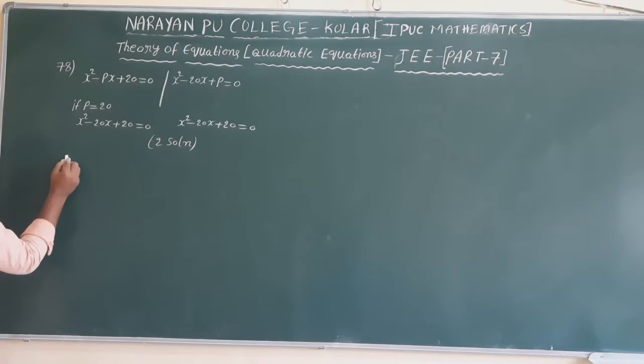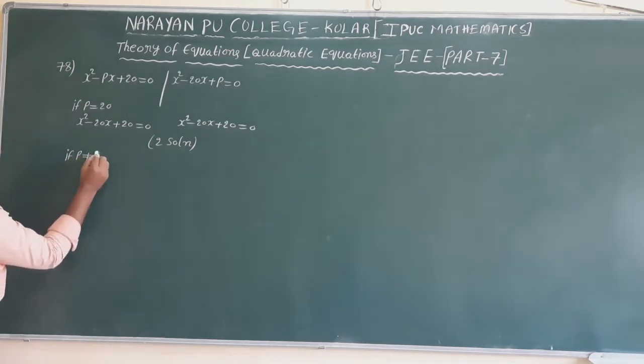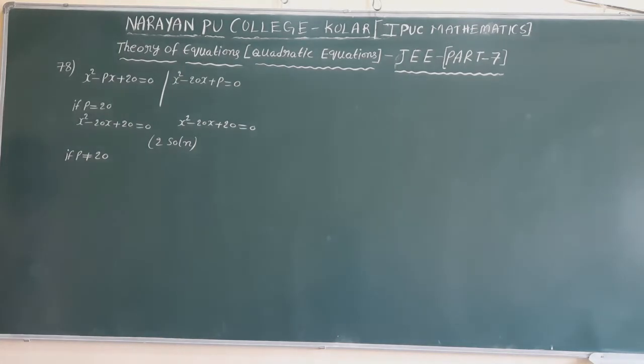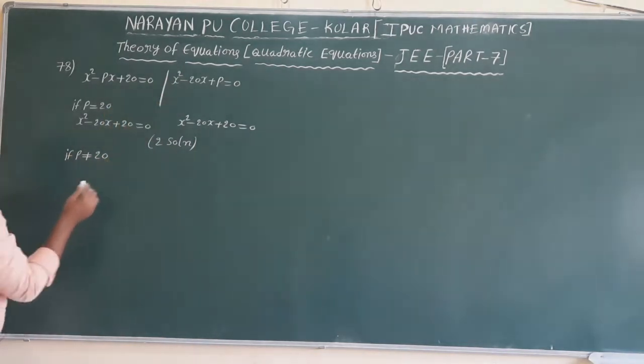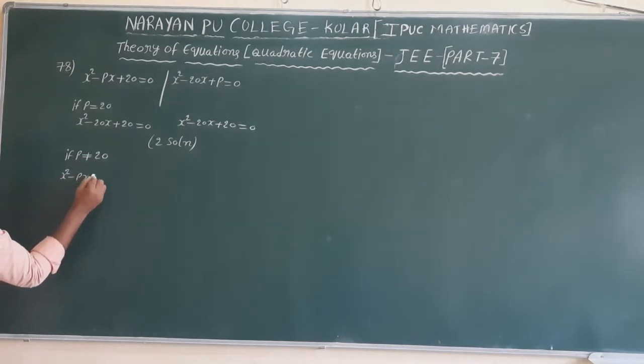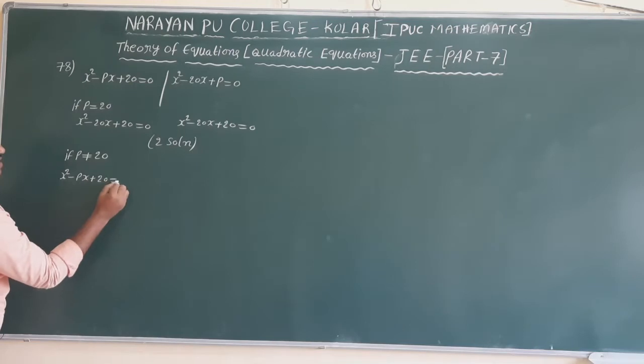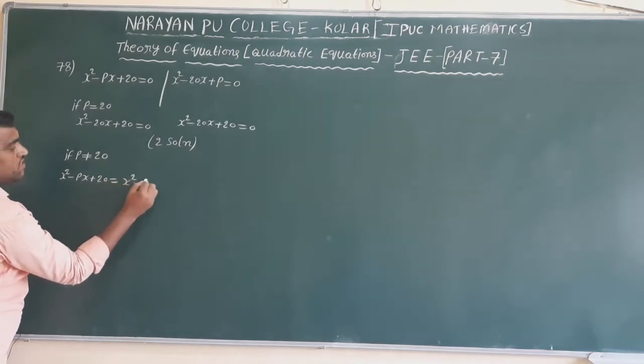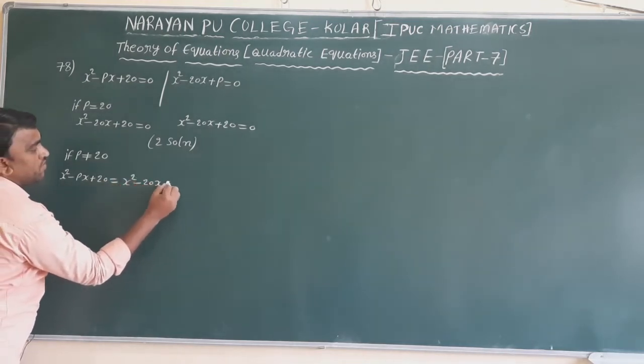Suppose p is not equal to 20, then how many solutions can we get? So equate these two. x square minus px plus 20, x square minus 20x plus p.